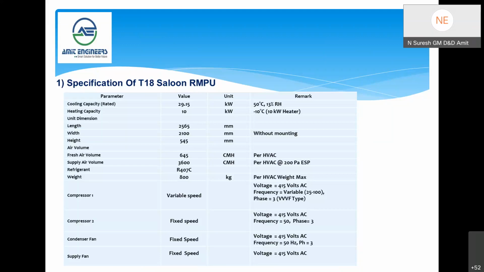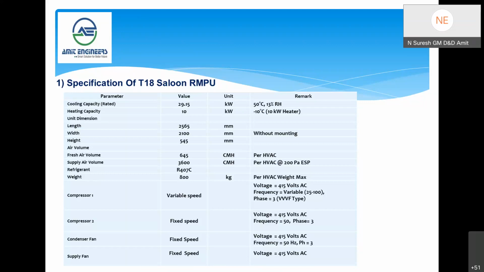The fresh air quantity per HVAC unit is 645 cmh, and supply air volume is 600 cmh. Refrigerant used is R407C. This refrigerant is a blend of three compounds, so handling should be proper. I'll cover more in detail in the maintenance. The unit weight is approximately 800 kg maximum, but we have in fact achieved 110 kg lesser than this.